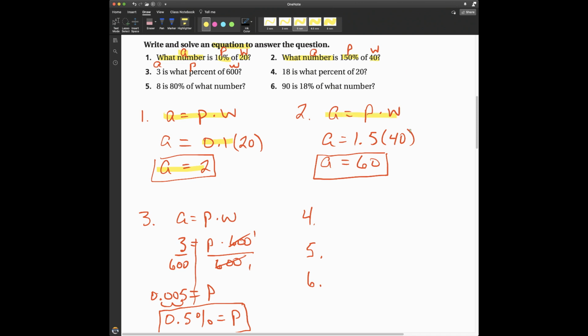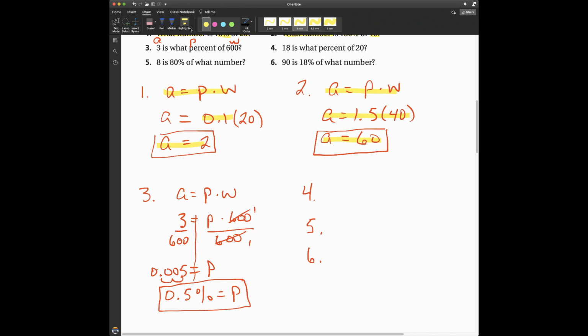So again, write down the equation, plug the numbers in, jump on my calculator. 60 is 150% of 40, and hopefully that makes sense to you. A number that is 150% of something has to be more than 100% of it, right? So 60 sounds like a really good answer to this problem, and it actually is the correct answer.